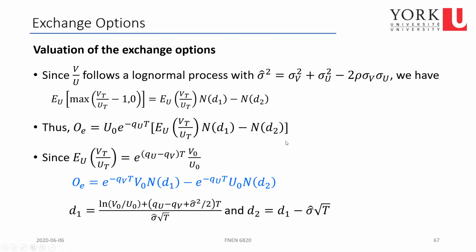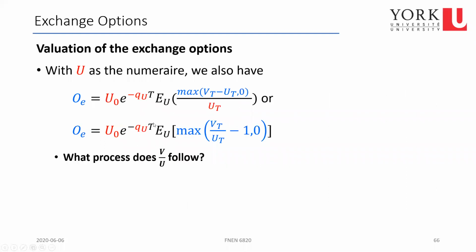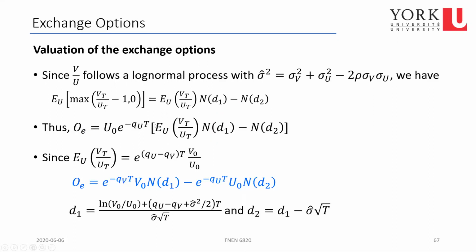From the earlier condition, we know the price of the exchange option is equal to the initial price of asset U times this factor times this expectation, which is just the expected value of this thing times N(d1) minus K N(d2), but K is 1, so just minus N(d2).